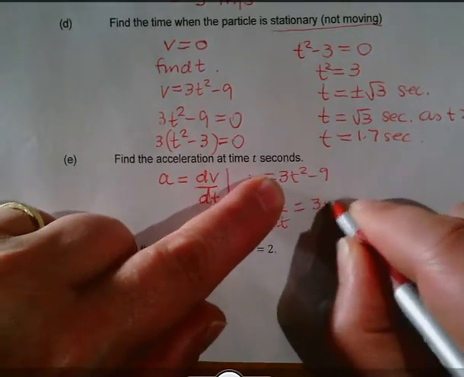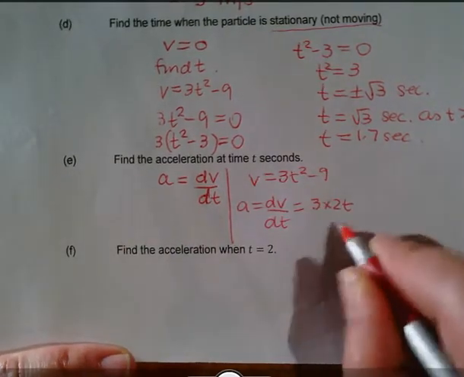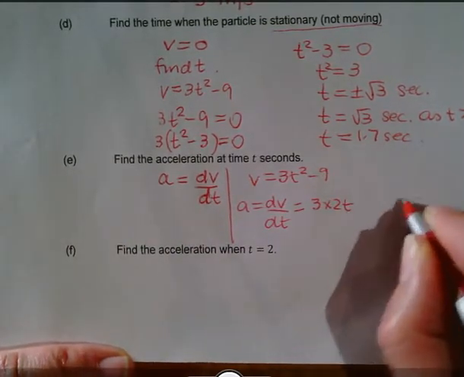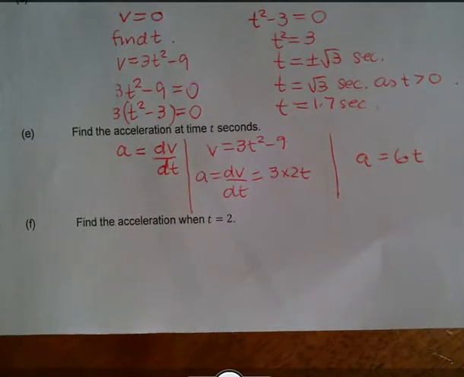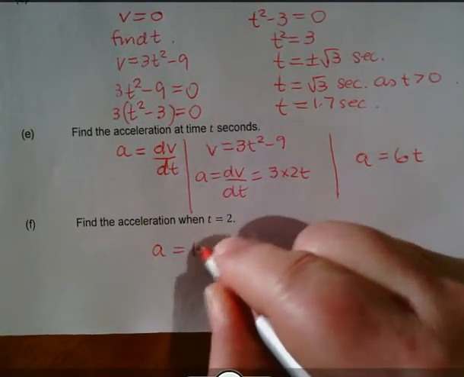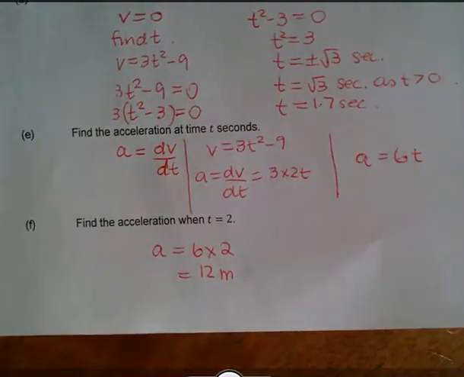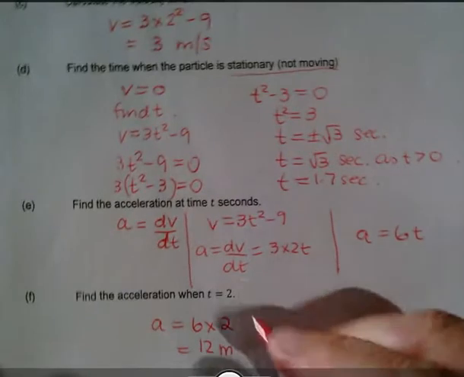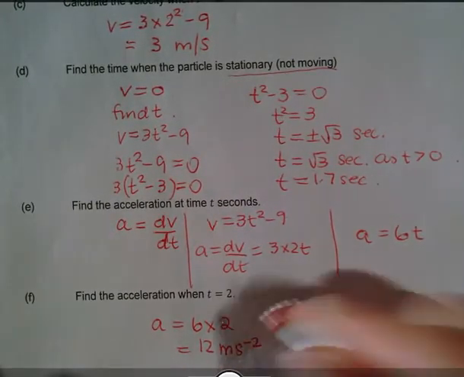So that'll be 3 times 2t, and when I differentiate 9, I get a constant, so acceleration is 6t. That's my equation for acceleration, okay? So now find the acceleration where time is 2, so acceleration is 6 times 2, which is 12. Now we had meters per second for velocity, so it will be meters per second squared.